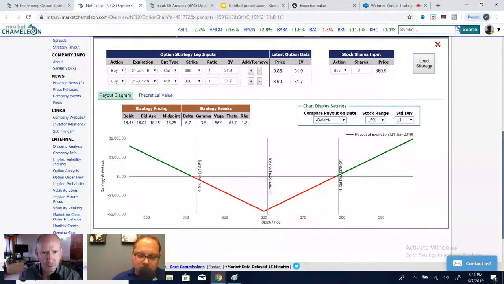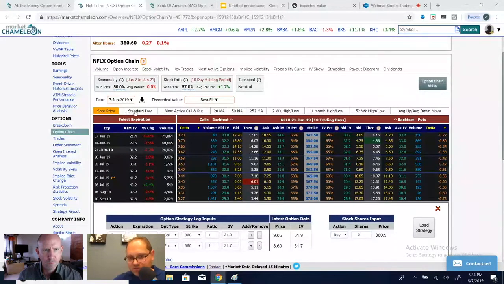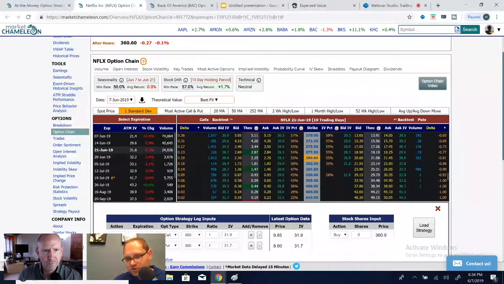Let's say because of the Department of Justice or something, they're going to say something and it's going to move, right? So you think it's going to move, but not to infinity. You think it's going to move, but not too far away from its one standard deviation predicted move.